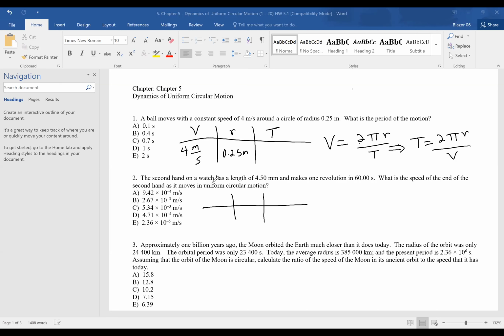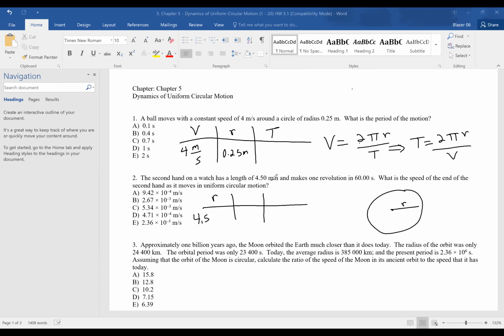The second hand on a watch has a length. If you're looking at a watch, you have the second hand, and that represents the radius. So my radius is going to be 4.5.